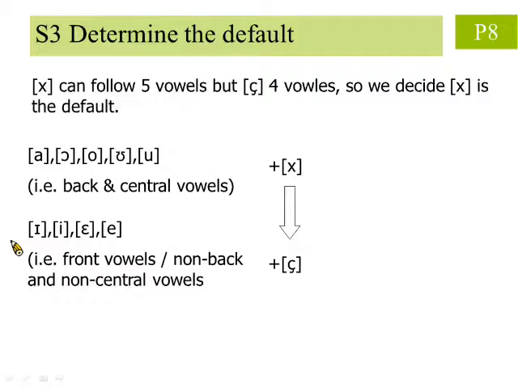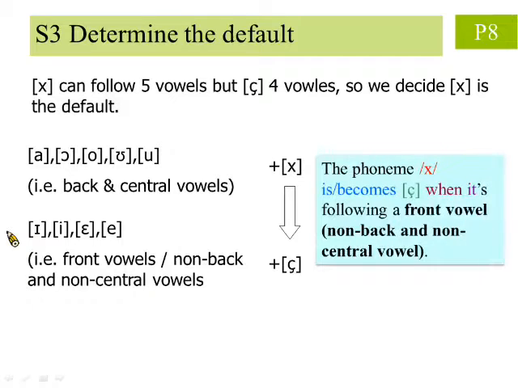So the allophone h becomes the sound sh. Let us describe this rule in words. The phoneme h is or becomes sh when it is following a front vowel, which is also known as a non-back and non-central vowel. If we write this rule in feature notations, it will look as below.